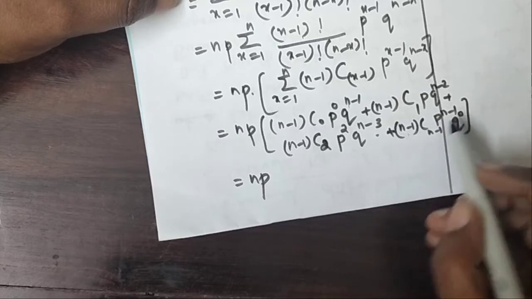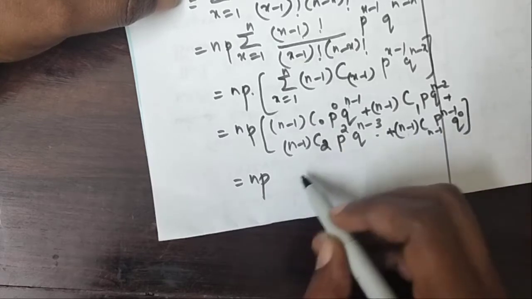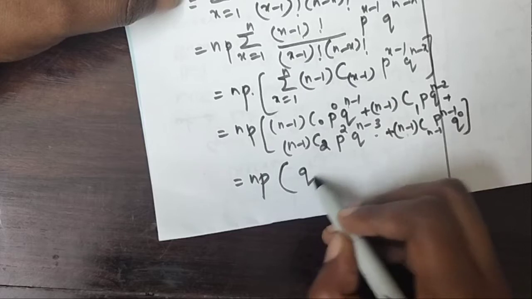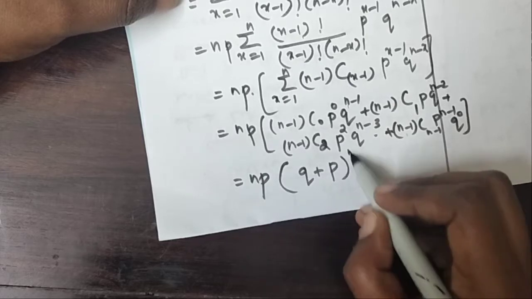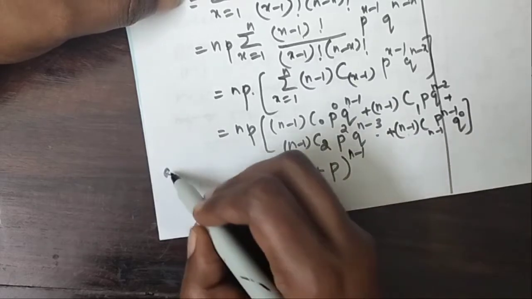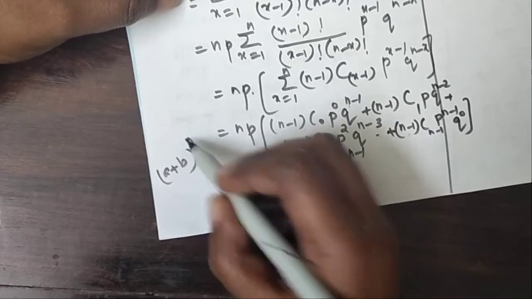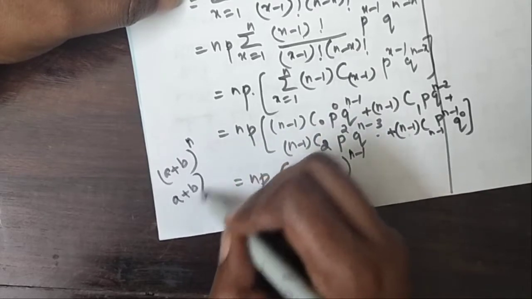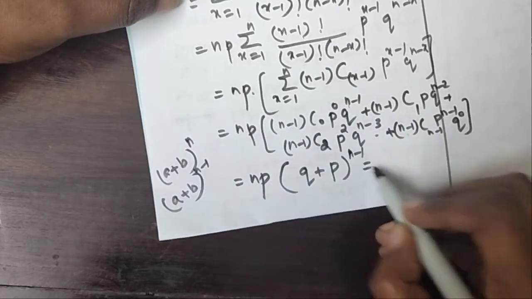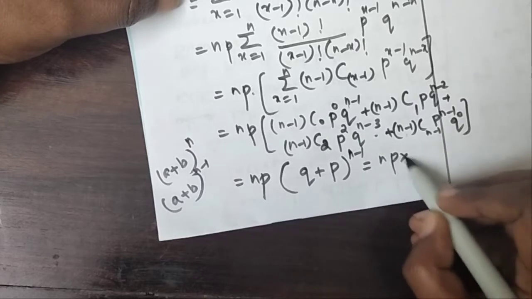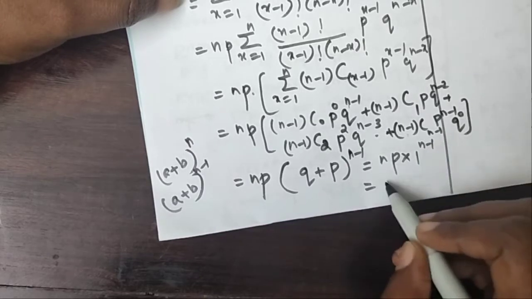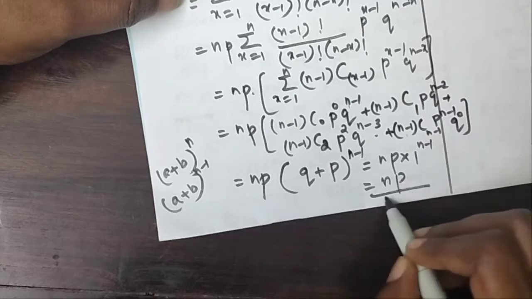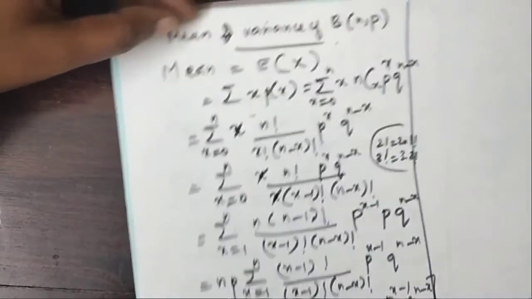So it is p raised to n minus 1. So this sum is actually q plus p the whole raised to n minus 1. In the place of a plus b the whole raised to n, it is a plus b the whole raised to n minus 1. Okay. And what is q plus p? It is 1. So it is 1 raised to n minus 1. It is 1. So it is np. So mean of the distribution is np.